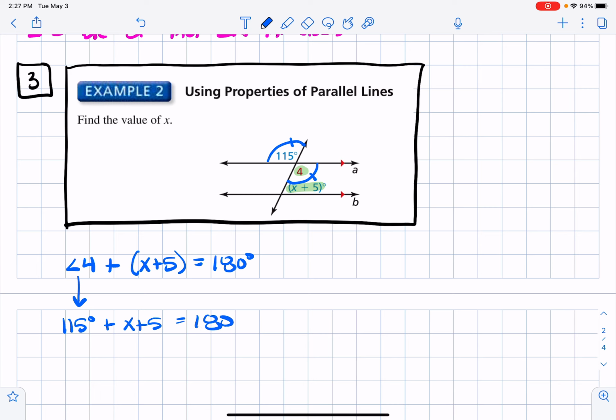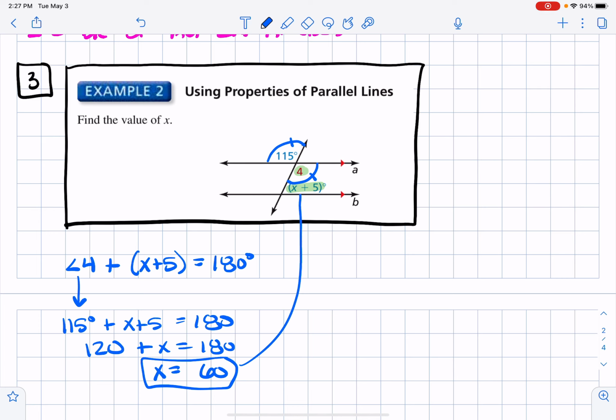I can see that 115 and 5 make 120, plus x equals 180. So x is going to equal 60. If x is worth 60, I can plug that back in and see that that angle is worth 65 degrees, if I was supposed to find that, but it just said find the value of x. So x would have to be 60 in this case.